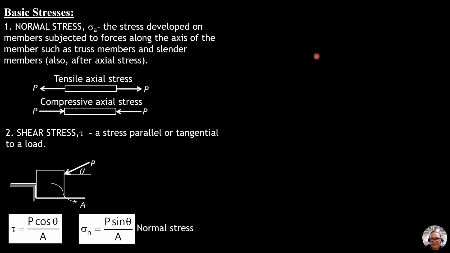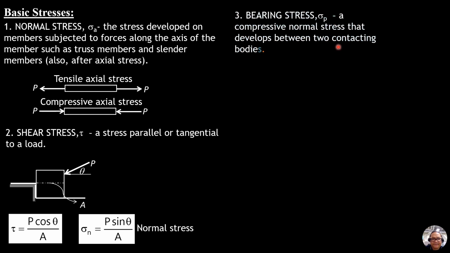Then bearing stress is compressive stress, which is developed perpendicular to the projected contact area between a rivet or bolt body and the plate. So it is a compressive normal stress that develops between two contacting bodies.